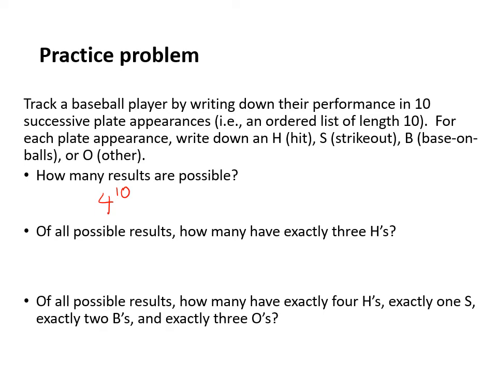So we are going to choose 3 locations out of 10. So we place 3 H's, and then we have 7 spots where we can have any sequence of S, B, and O. So we have 3 options and 7 leftover spots. So that's the solution to this one.